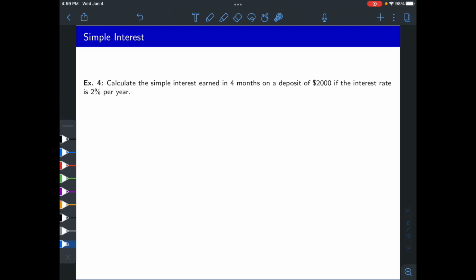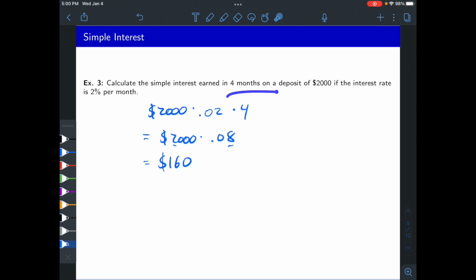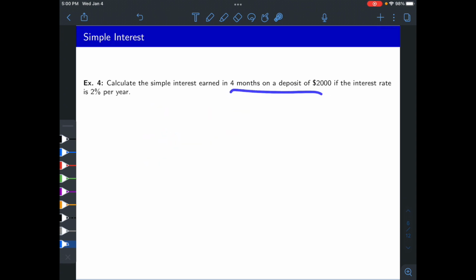Okay, cool. What if we change this problem ever so slightly to say, instead of per month, it's a per year interest rate. So we're still doing simple interest in a 4-month time period on a deposit of $2,000. That is not changing at all. But we're making the interest rate of 2% a per year instead of per month rate.